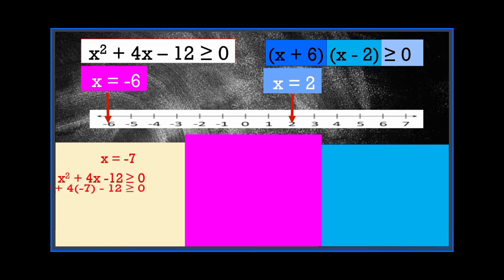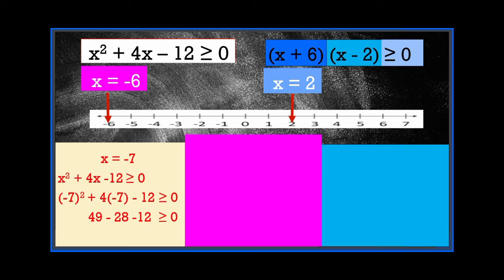So, we have now the square of negative 7 plus 4 multiplied by negative 7 minus 12 greater than or equal to 0. Then, the value of the square of negative 7 is 49. Then, minus 28. Then, minus 12 is greater than or equal to 0.